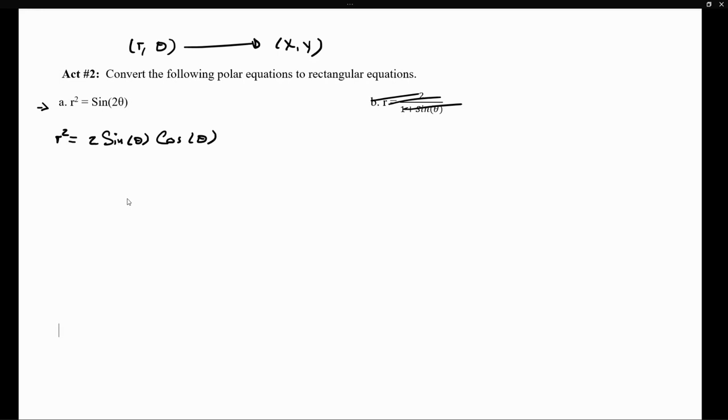And the same idea, notice that here we're missing an r in front of the sine, and here we're missing an r in front of the cosine. Because once we have those r's in front of sine and cosine, we can represent r sine theta as y and r cosine theta as x. So since we're missing 2 r's, I'm going to multiply both sides by r squared.